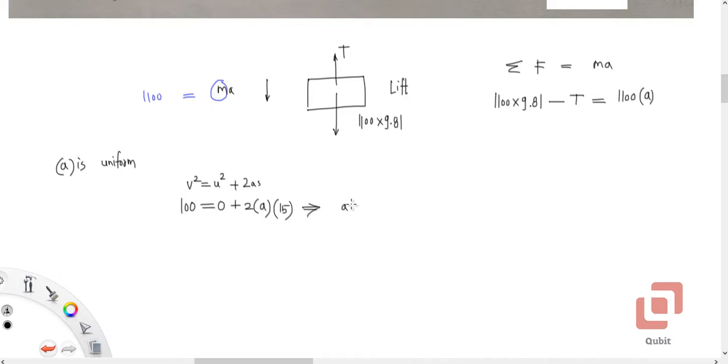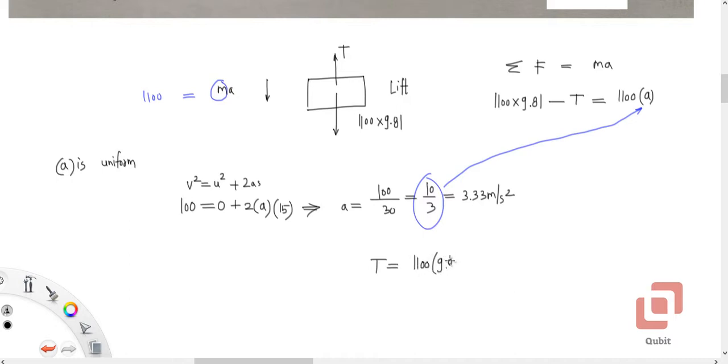This implies that acceleration has to be equal to 100 divided by 30. That is 10 by 3, or 3.33. Now we will substitute this value in this equation and get T. So T will be equal to 1100 into bracket 9.81 minus 10 upon 3.